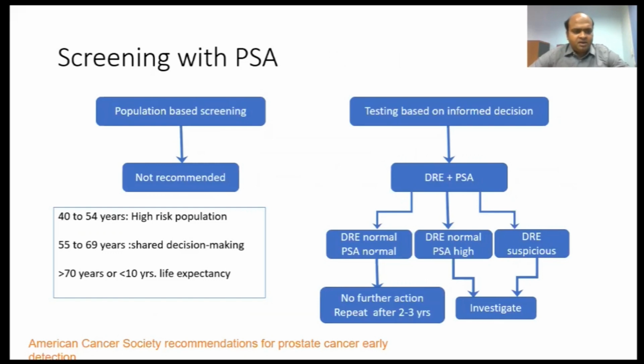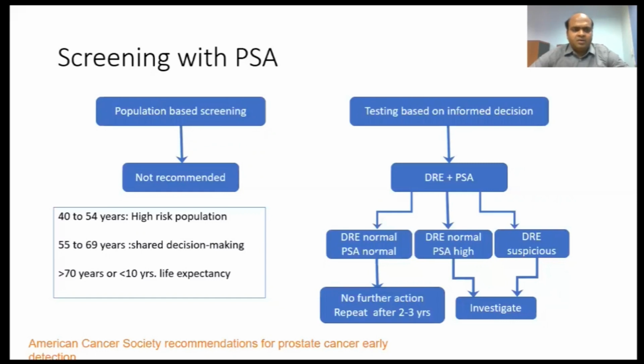Normal men 55 to 69 years old should not be screened routinely, but they should be offered PSA screening, and they should also be informed regarding the advantages and disadvantages of PSA screening, and that is known as shared decision making.